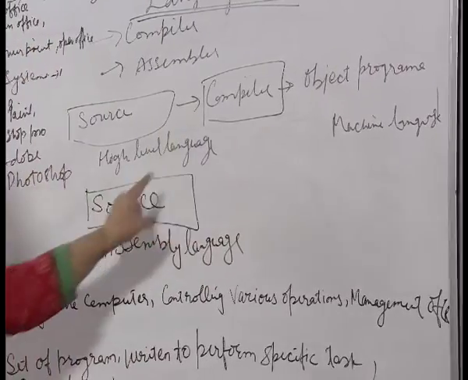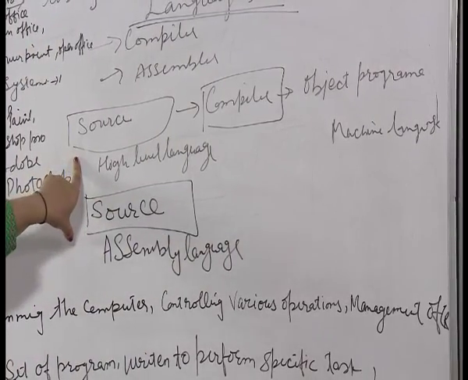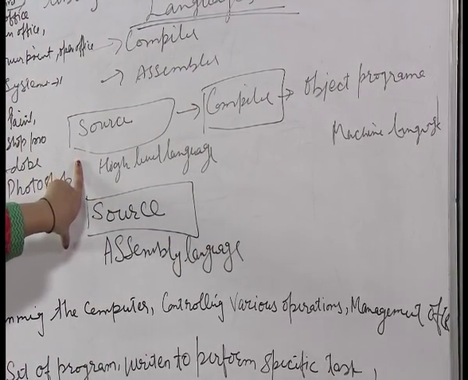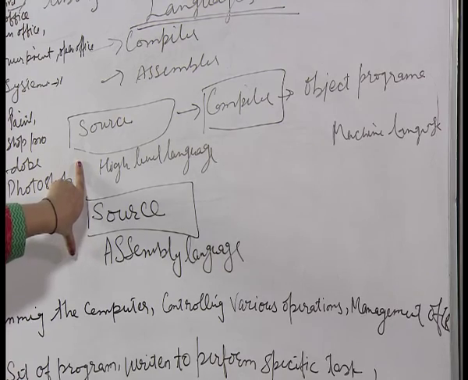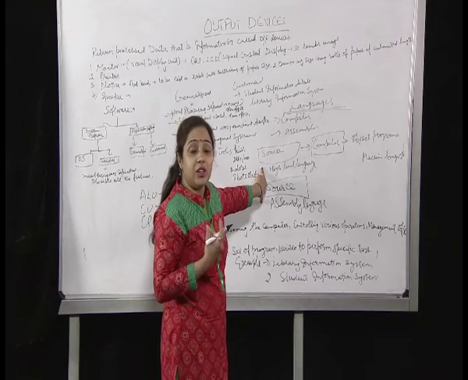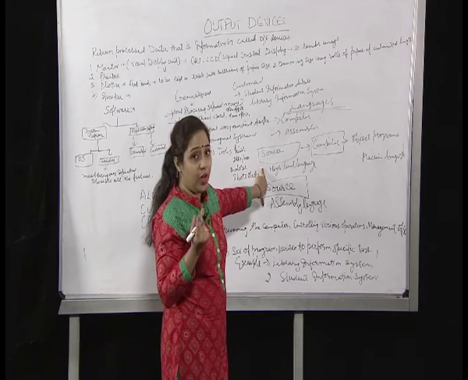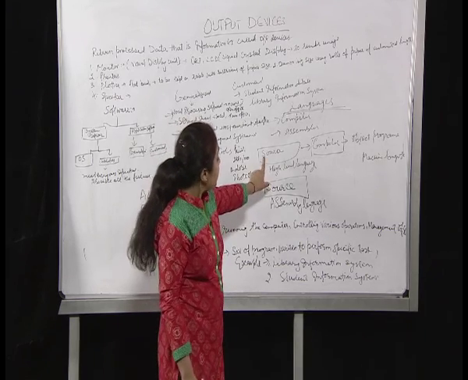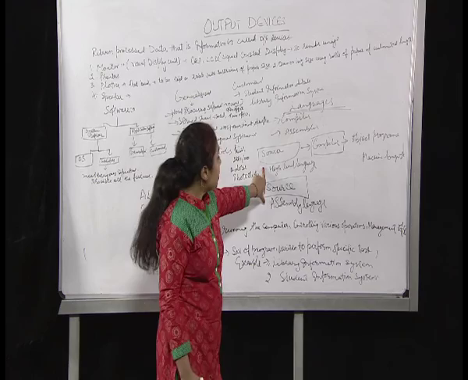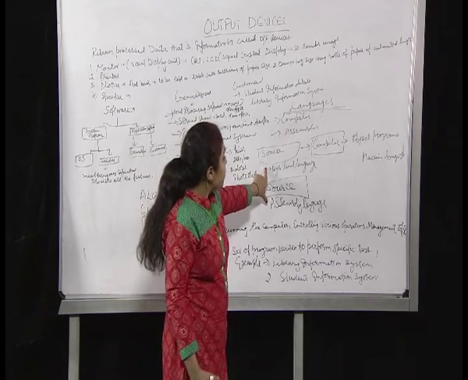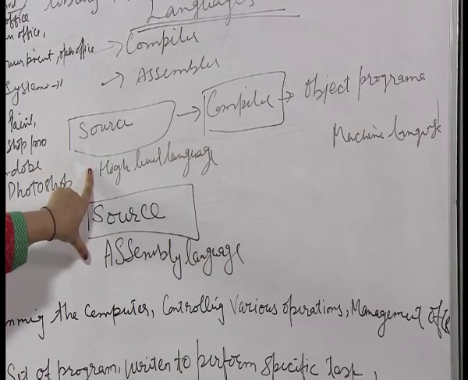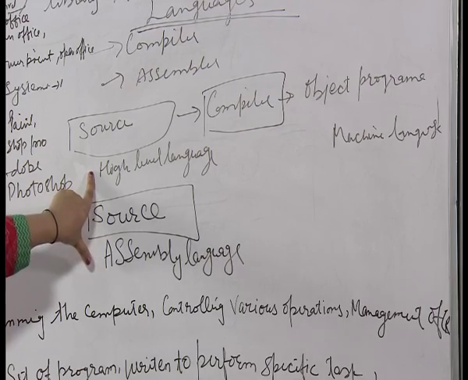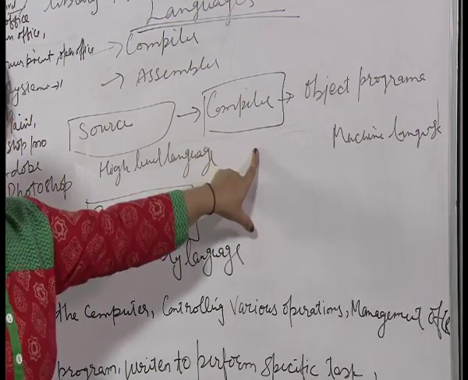Why are we going to convert it? Because a high level language is not easily understandable by the computer. The computer understands the language that is in the form of 1 or 0. So to convert a high level language into a machine language, we use mnemonics.